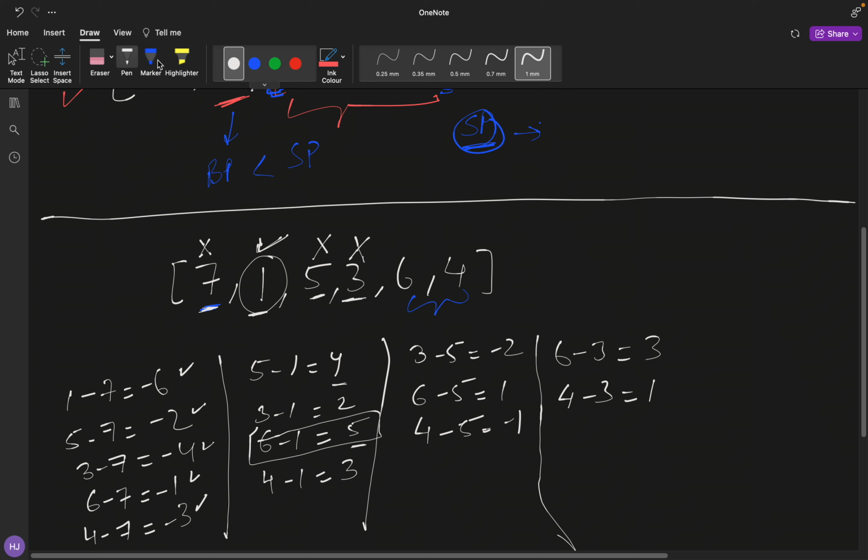So let's talk about day 5. Suppose I want to buy my stock on day 5. On what all possible days can I sell the stock which I bought on day 5? I can sell it on day 6, right? So what would be my answer? 4 minus 6, minus 2.